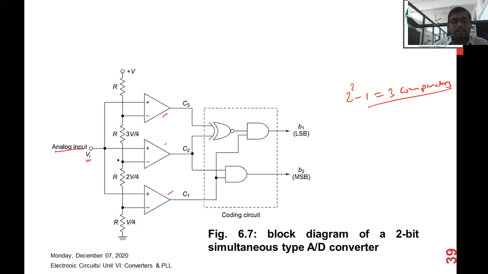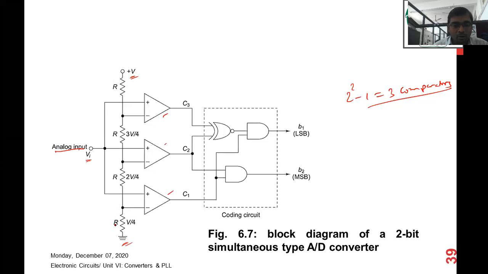All the resistors have the same value, so 4 resistors are used in between the maximum voltage plus V and ground. You can see how the comparator inputs are arranged.